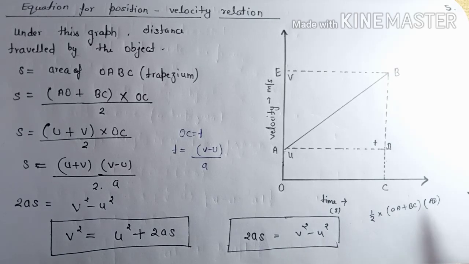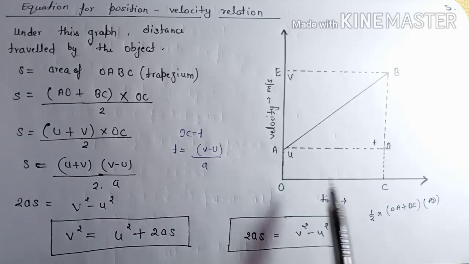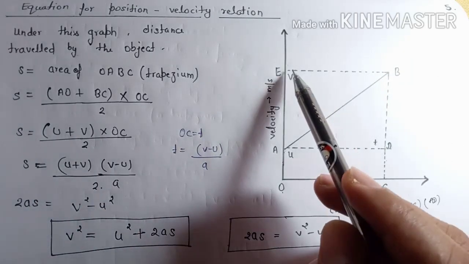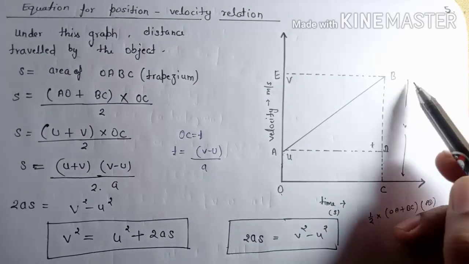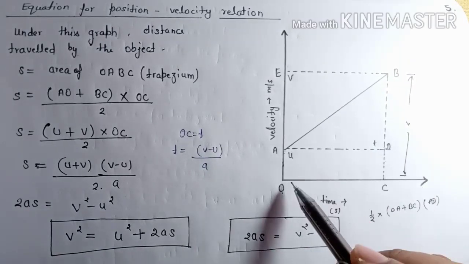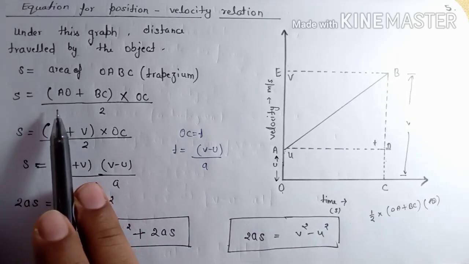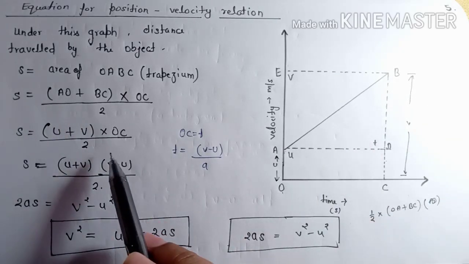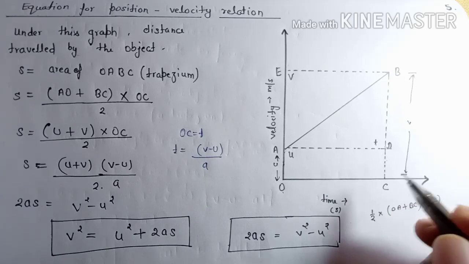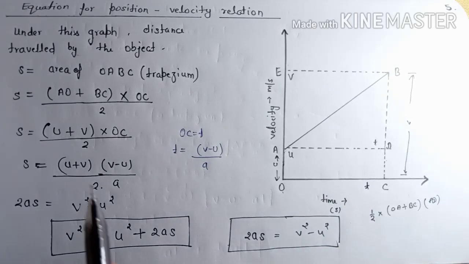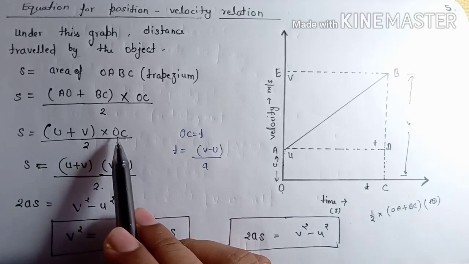Now OA is U, and BC is V. So OA plus BC is U plus V, into OC, the distance from here to here, which is equal to t. So S is equal to U plus V into OC upon 2.